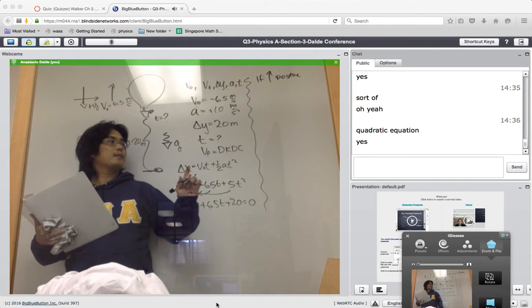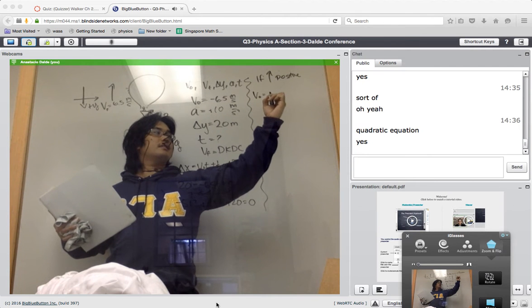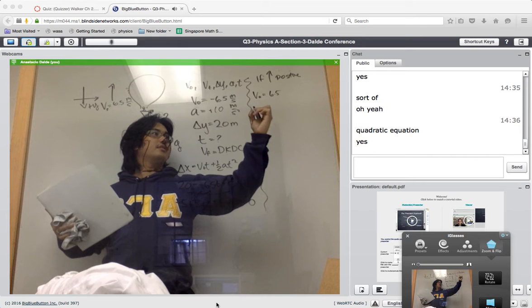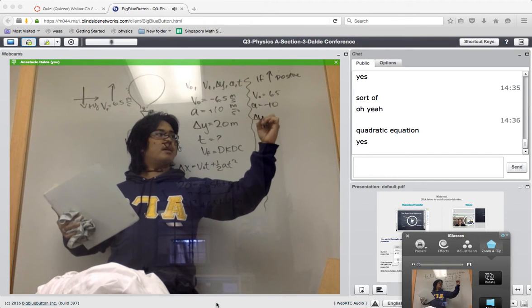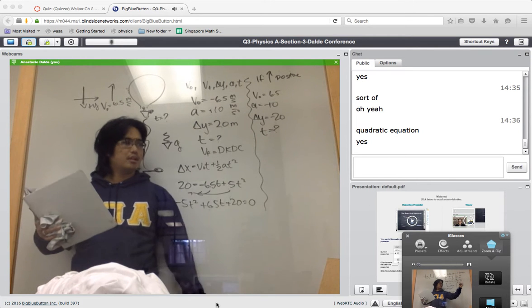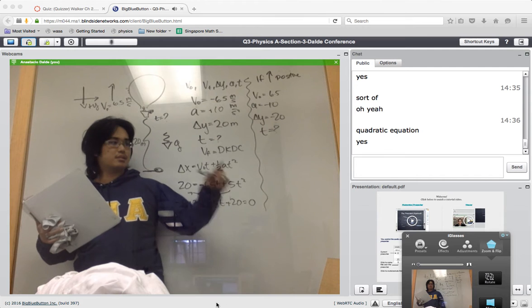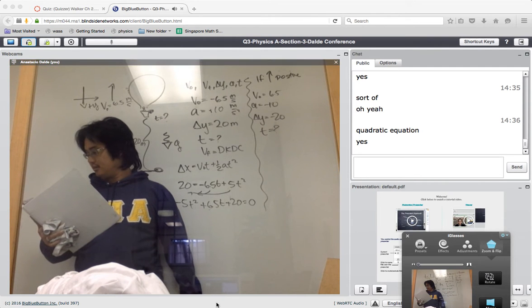Okay, well that would make v naught equal to positive 6.5, a would be negative 10, delta y would be negative 20, time would still be something we're looking for, and we would still use the same equation because we still don't know or don't care anything about the velocity final. Does that make sense?